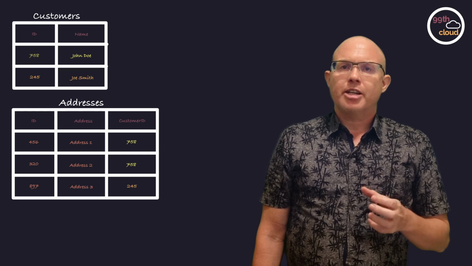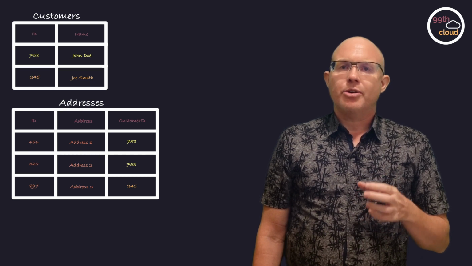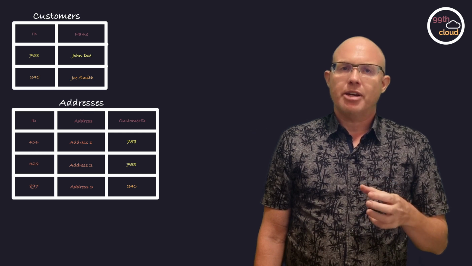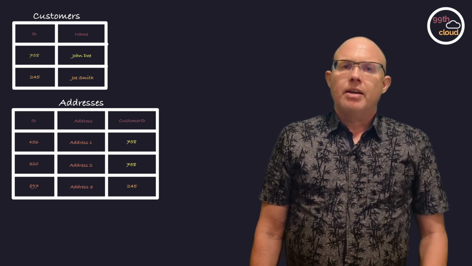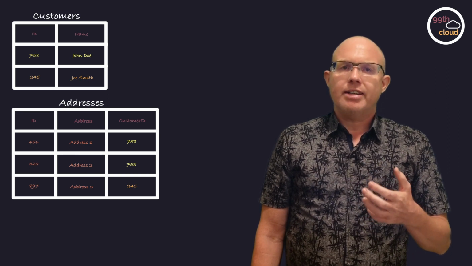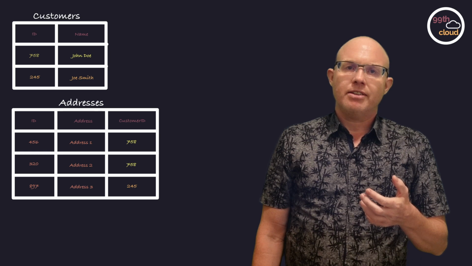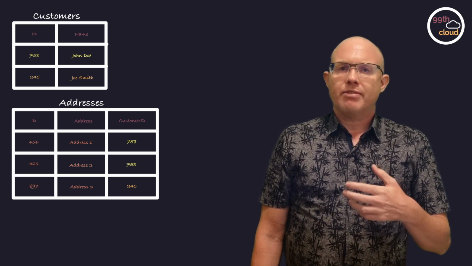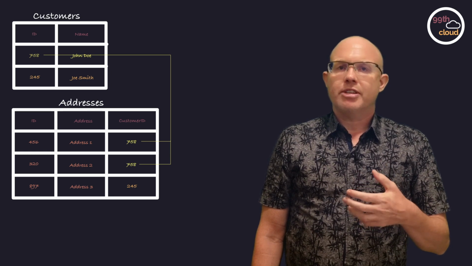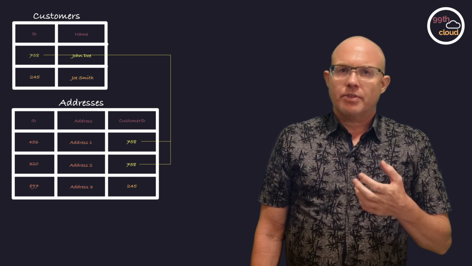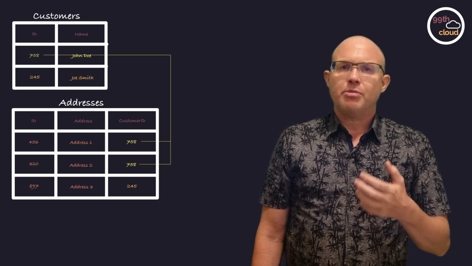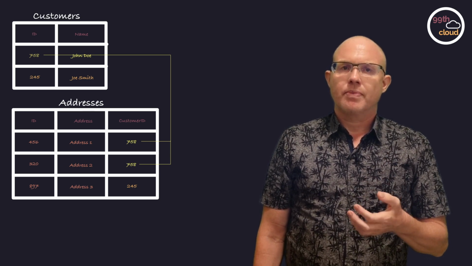In the customers table, you'll define a primary key called ID, which identifies each customer record and name attribute. In the addresses table, you'll define a primary key called ID, which identifies the record, an address attribute that will contain the full address, and a foreign key attribute with the customer ID. Through the foreign key attribute, we know which address belongs to which customer.